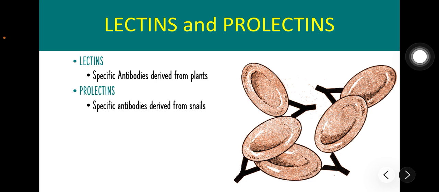So lectins are excellent alternatives to human anti-sera because they are highly specific and do not contain contaminating antibodies that might be found in human-derived products. They are particularly useful when a patient has a subgroup like A2 that has developed an antibody, which is anti-A1, against the more common A1 antigen.